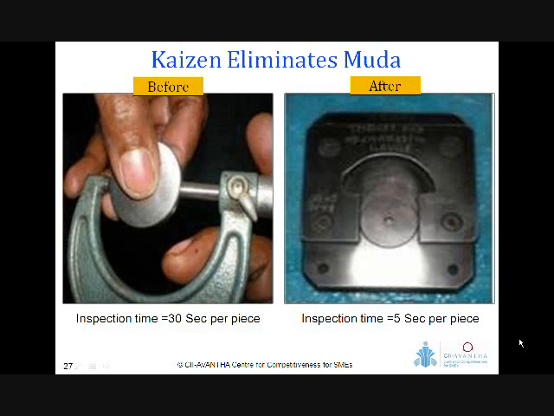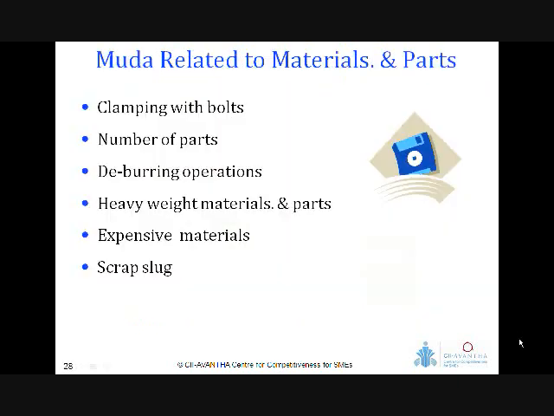So a gauge and jig has been designed where you can just keep the part and check whether it's okay or not okay. A no-go gauge. So inspection time reduces. I'm just sharing some examples.